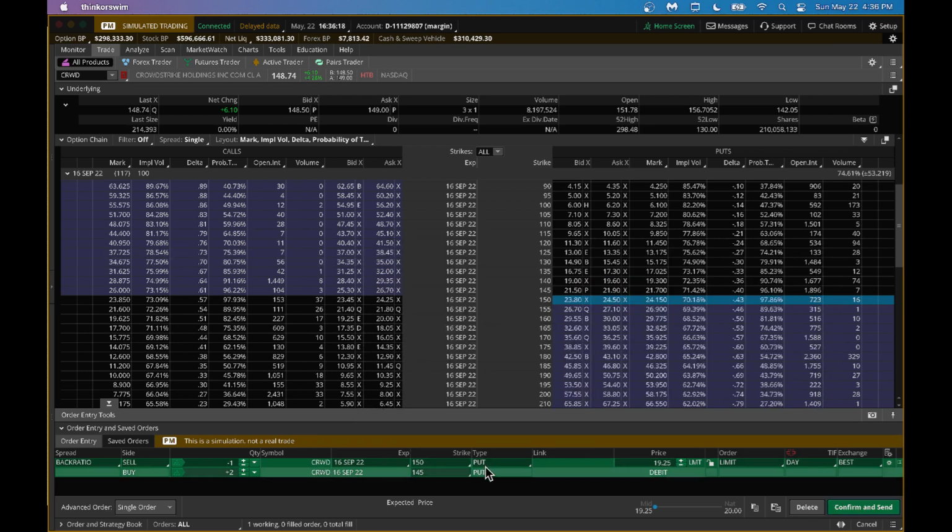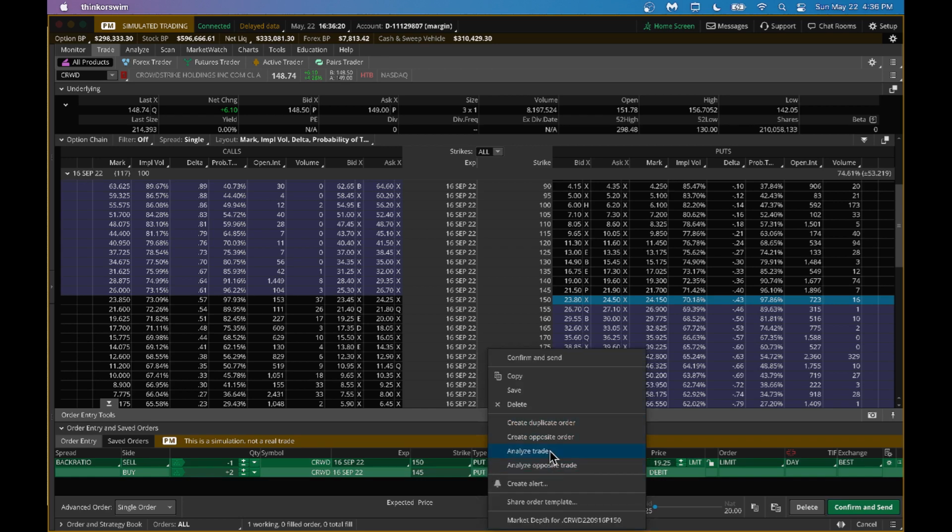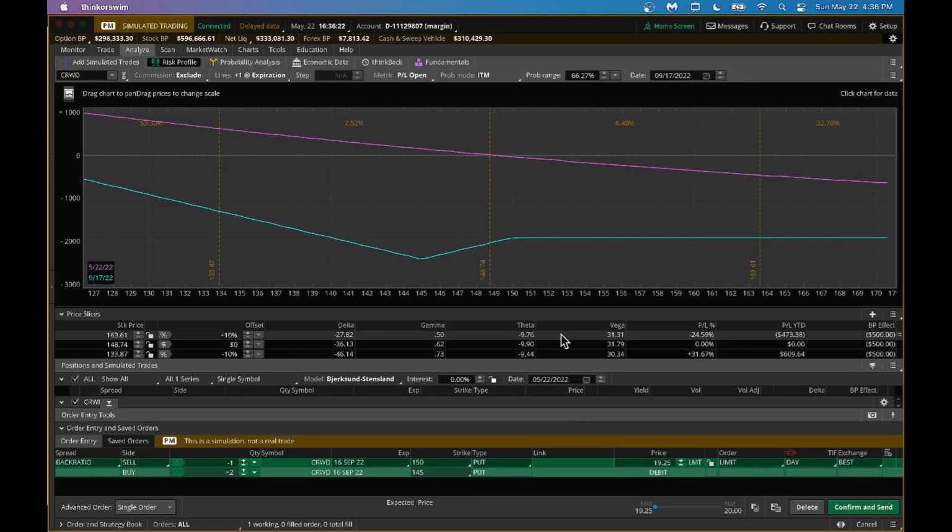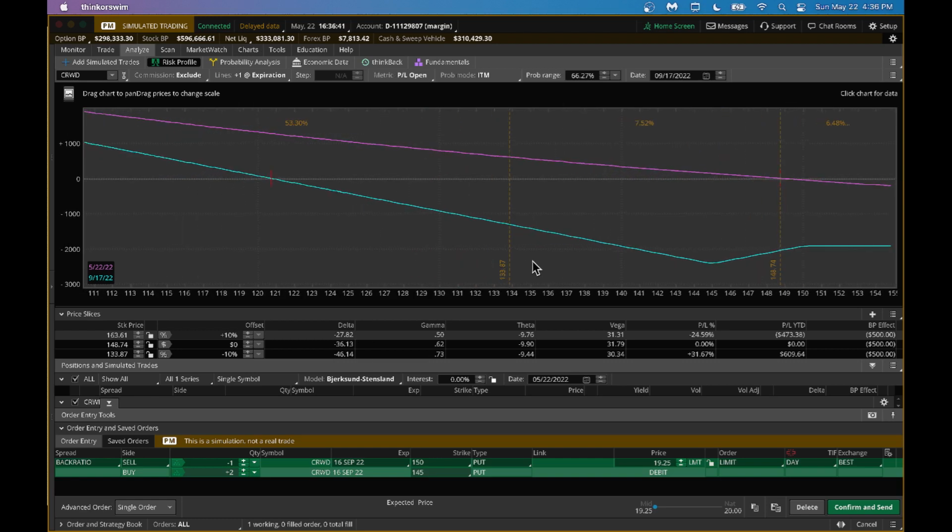If I go to the analyze tab here, analyze trade, look, this is a good trade. Your max loss is about right here. If the stock stays at your sold put, you'll have the max loss. But as the stock goes down, you'll start making money. As I come down here, look, we'll start making money.